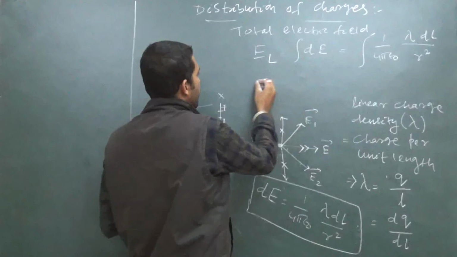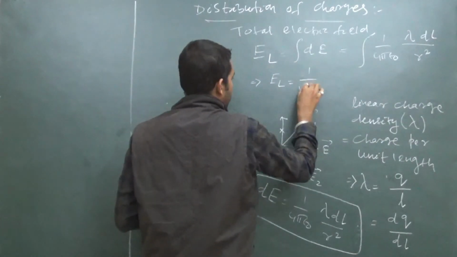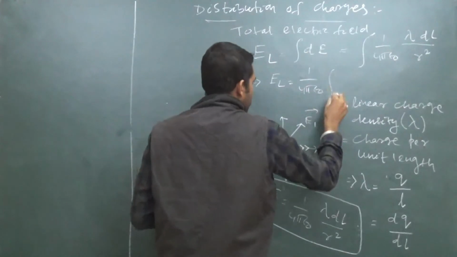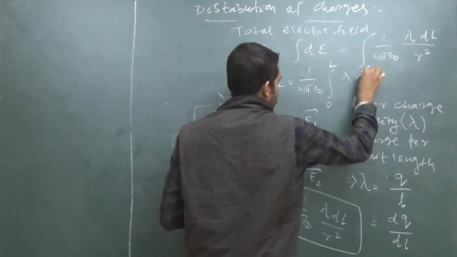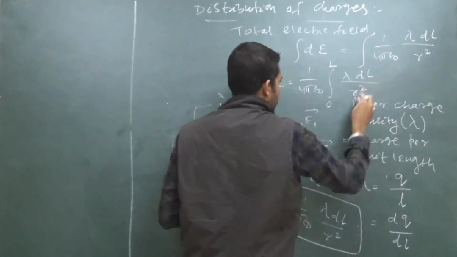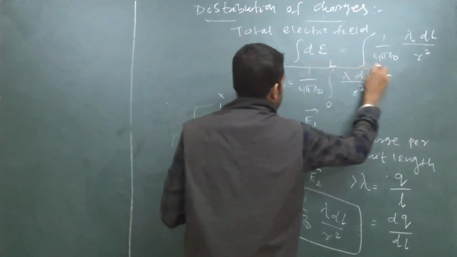So this is the formula. That implies E_L equals 1 by 4 pi epsilon naught, integration from 0 to L, of lambda dl divided by r square. This is the expression for the line charge distribution.